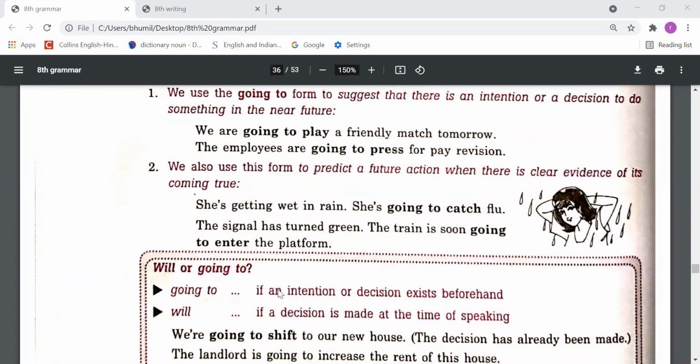Someone has got wet in the rain, so you give the prediction she's going to catch flu. The signal has turned green, the train is soon coming. You have clear evidence, like the signal has turned green, so the train will come. So instead of saying the train will come, you can say the train is soon going to enter the platform. You can say the train will enter the platform. Okay, so instead of will, you can use going to.